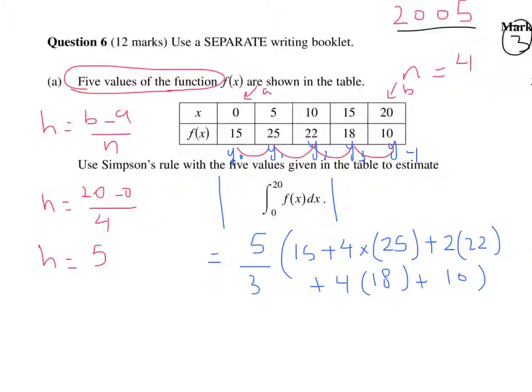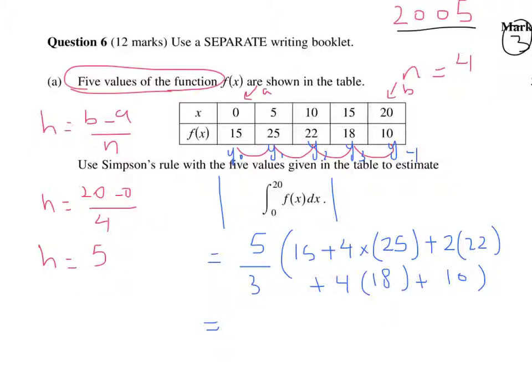And that will be much easier and much quicker than remembering, oh, okay, it's 4 times the odd, then 2 times the even, etc. And each book says it in a different way. Write the first end, plus 4 directly times the next box, plus 2 times the next box, plus 4 times the next box, plus 10.